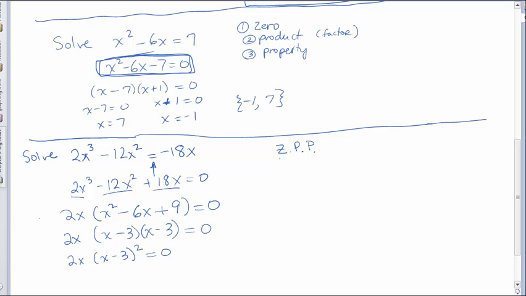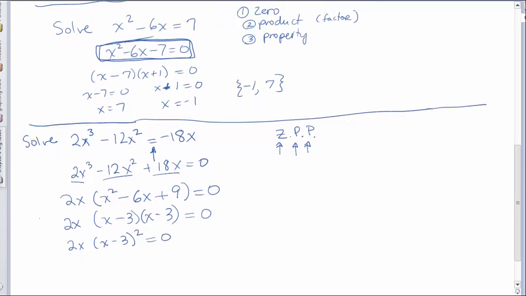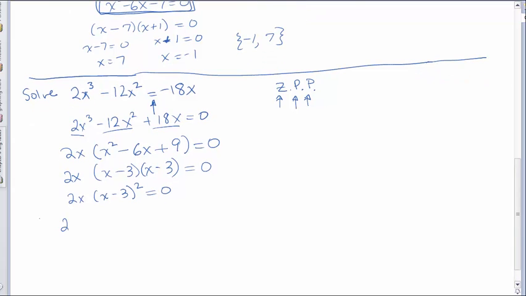So we did the 0 part. The factoring was the product part. Now I need to use the property that says that if I have two or three things multiplied together that give me 0, then one of them has to be 0. So I'm going to end up with either 2x equals 0 or x minus 3 equals 0.